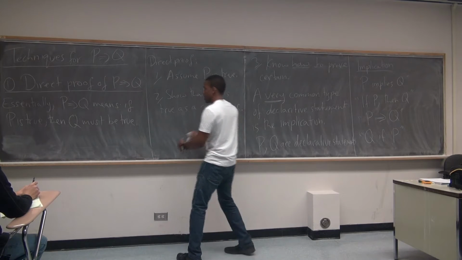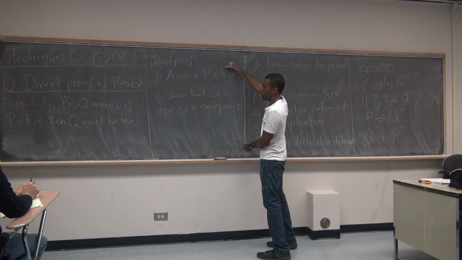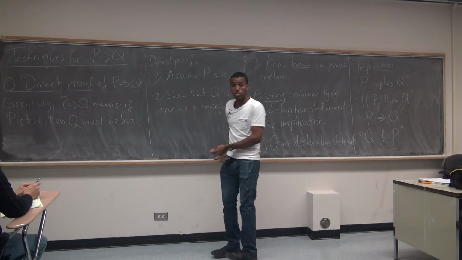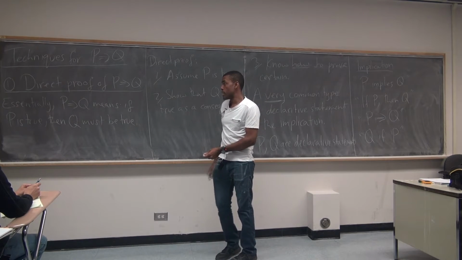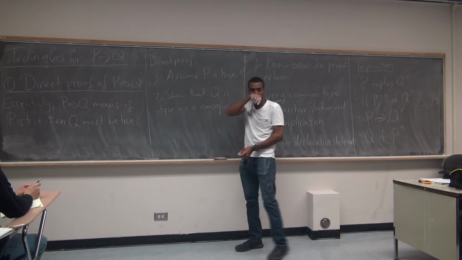Of course, I'm talking about logically, mathematically valid means of going from step 1 to step 2. Right? How is that not begging the question though? Because you said like assuming what you need to prove, but you need to prove that P is true and Q is true. No. I need to prove that if P is true, then Q is true. I don't need to prove that both are true.